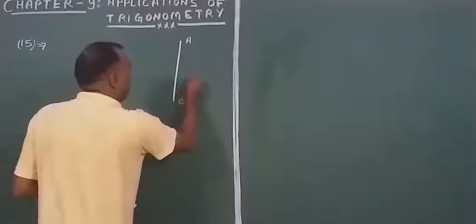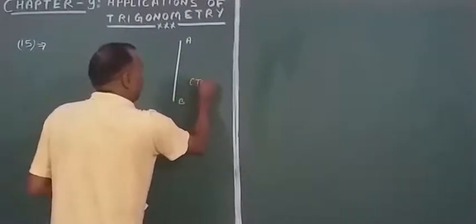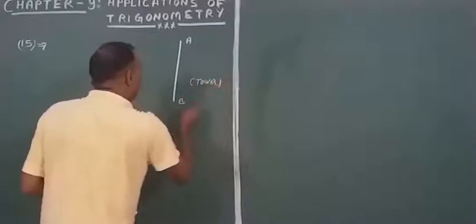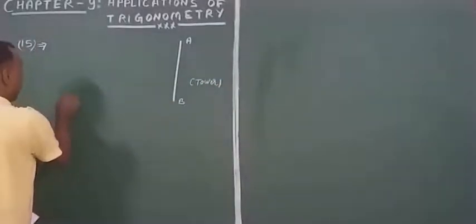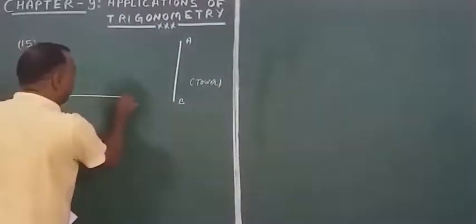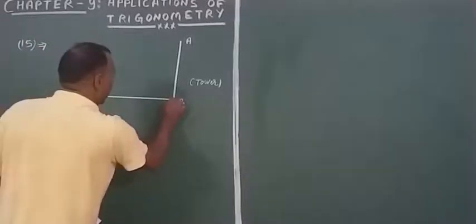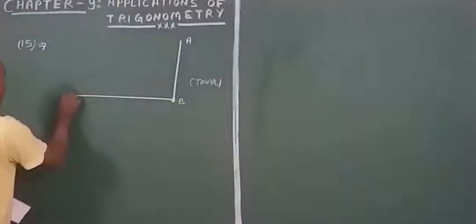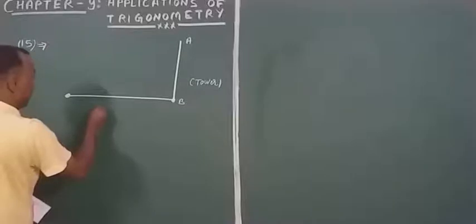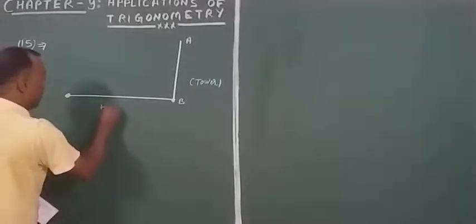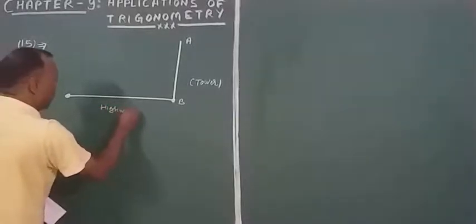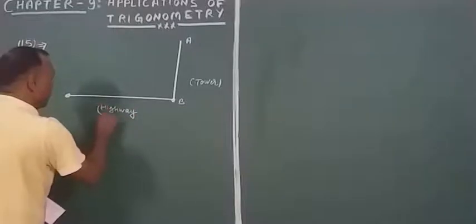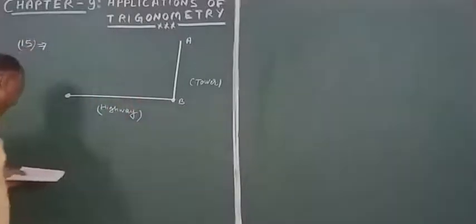AB is tower. Is it okay? And this is the straight highway. ये आपका हाईवे है. This is your highway.